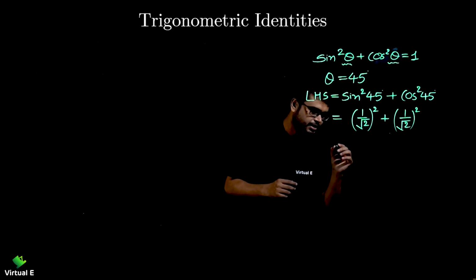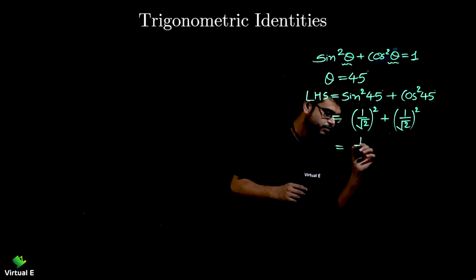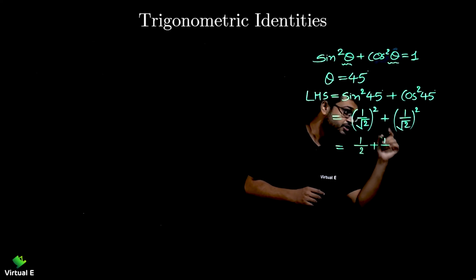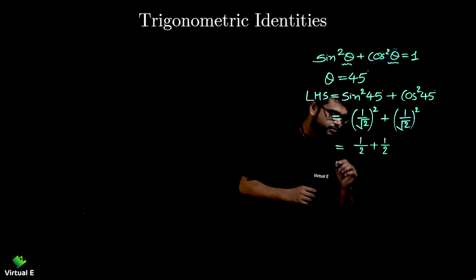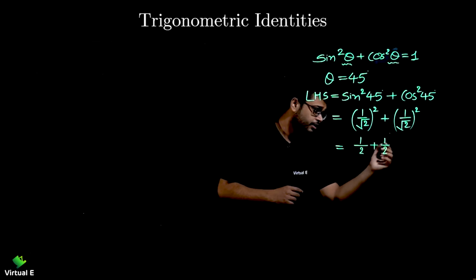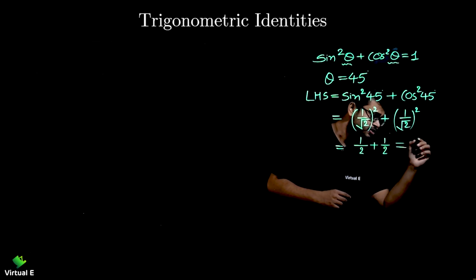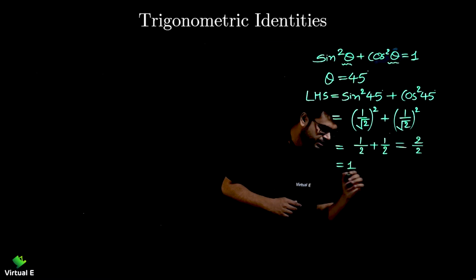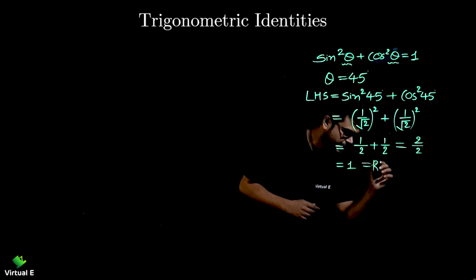Okay, so let's start. Here the square of 1 is 1, the square of root 2 will be 2, plus here 1 and the square of root 2 will be 2. So if you add, you get 1 plus 1, 2 by 2, which is equal to 1. That is my RHS.